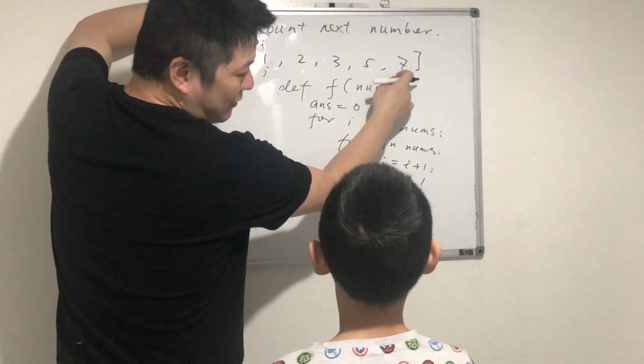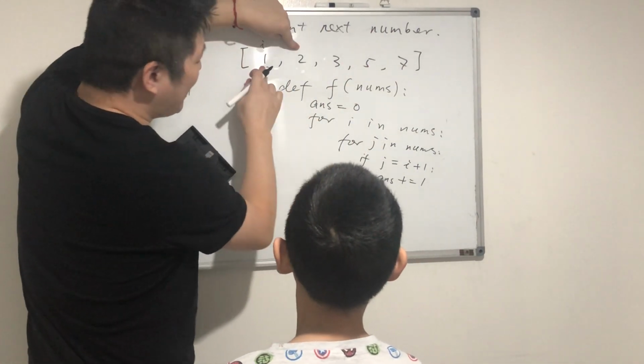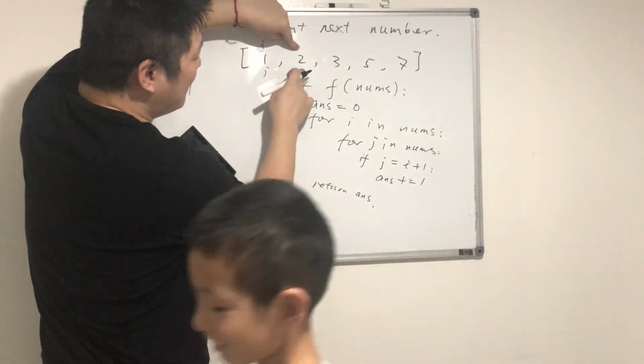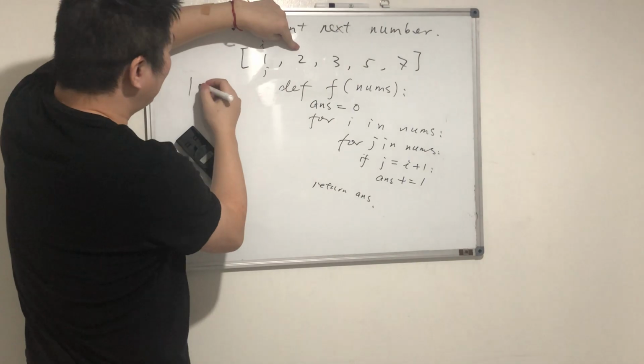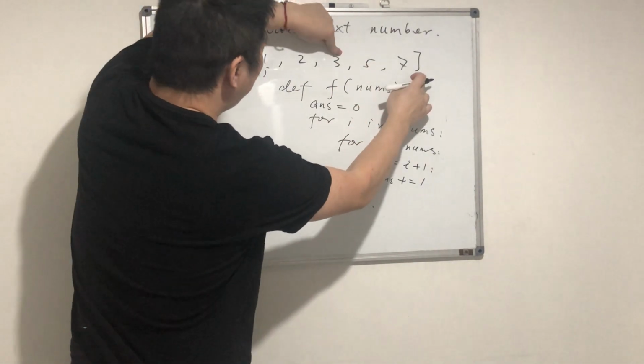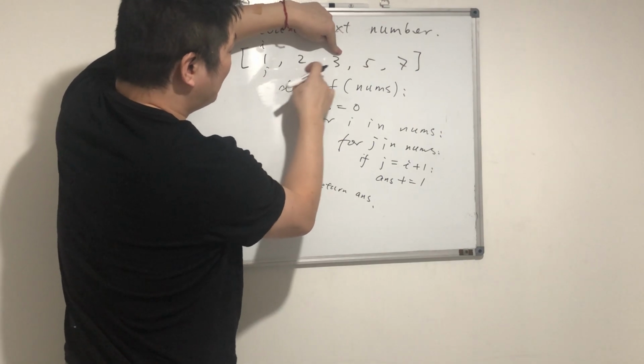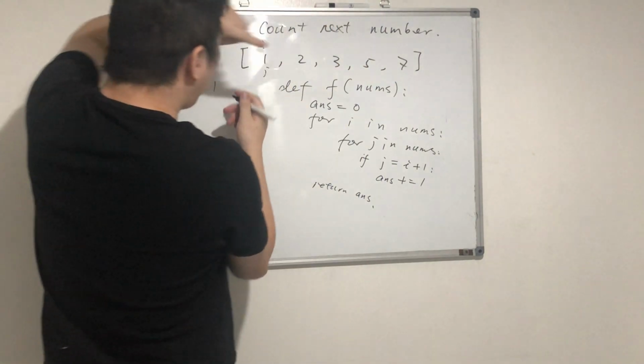And then i is 2, j here, no. Here 3 plus 1. So yes, it will work.